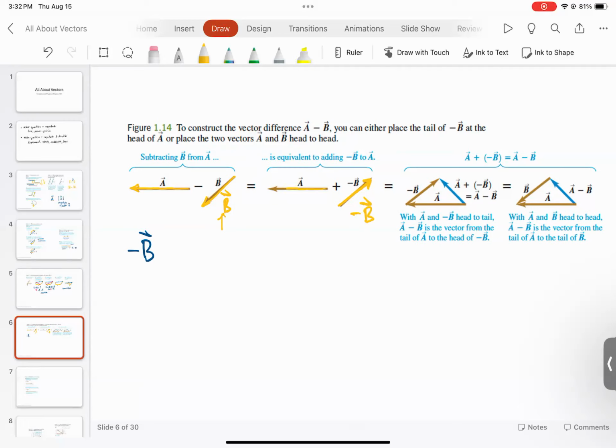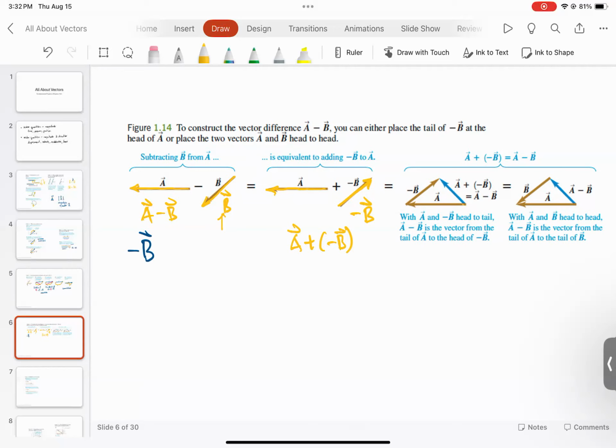And this is still vector A. So to get A minus B, what we're essentially doing is getting A plus negative B. Then we can use our graphical method for vector addition, head to tail. Right?